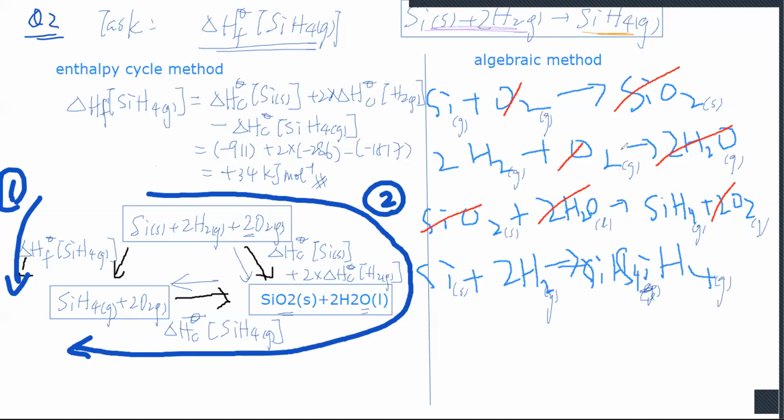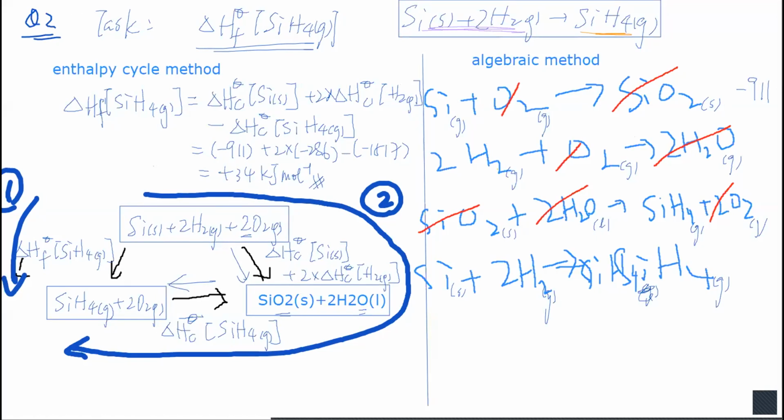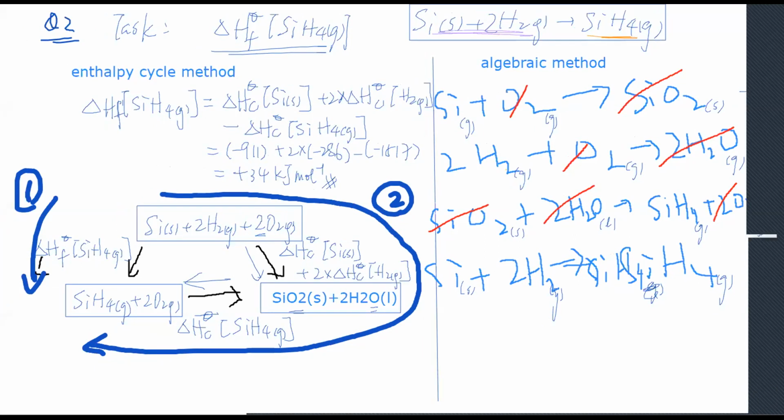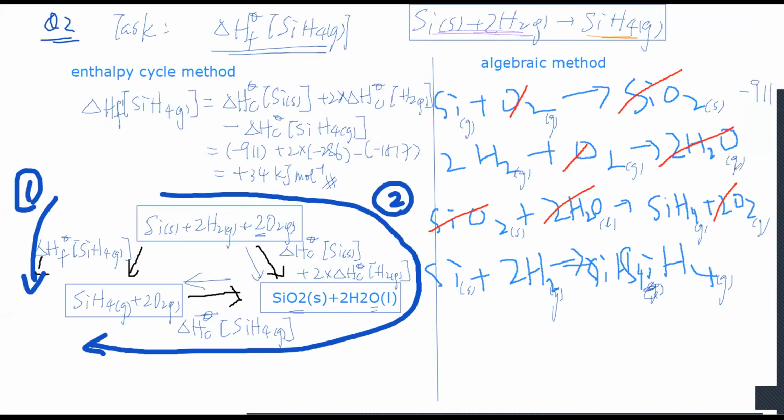What are the enthalpy terms? SiO2, Si is silicon, is minus 911 on your left hand side. So what's next? How about this? It is 2 times minus 286, right?